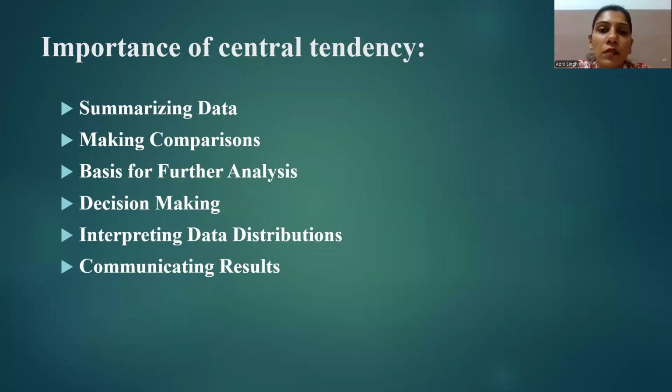For example, comparing the average income level of different regions helps in understanding disparities in economic development. So this is how the mean, median, and mode, which are part of central tendency, help in making comparisons between different groups and data sets.